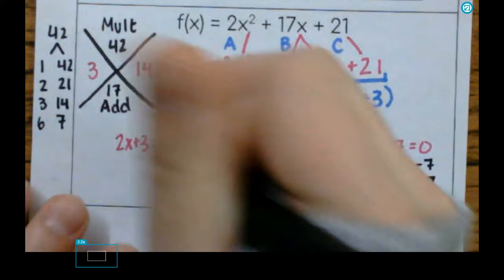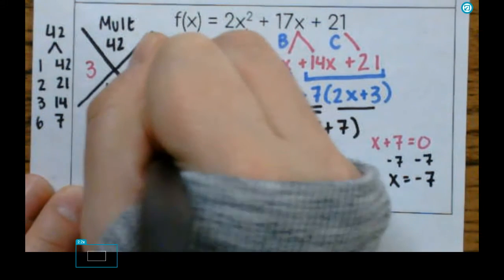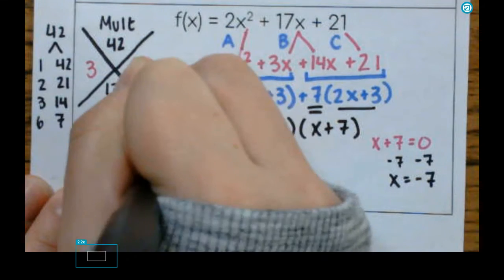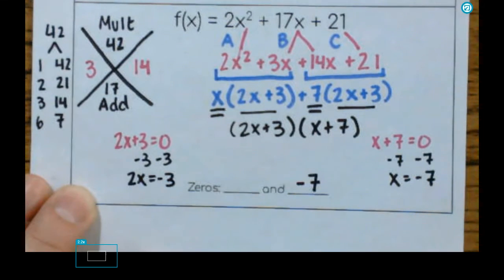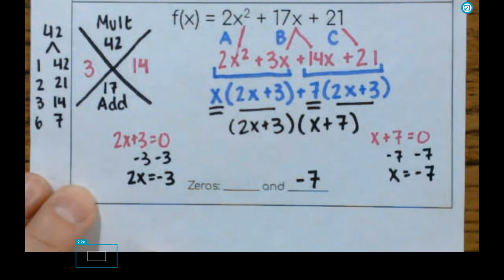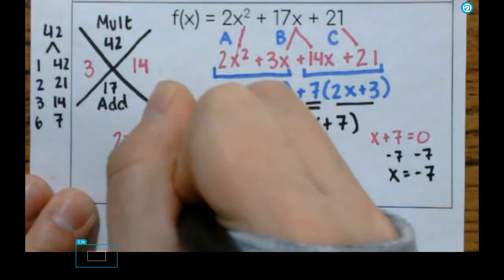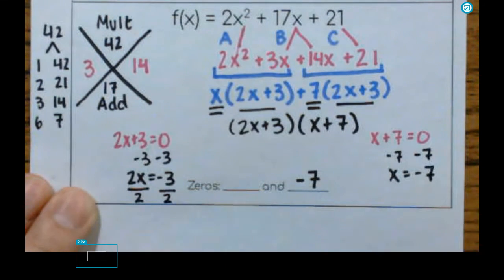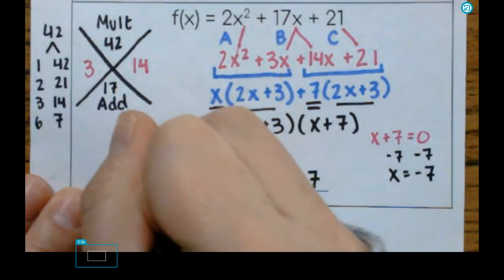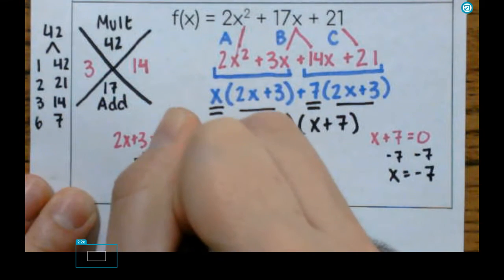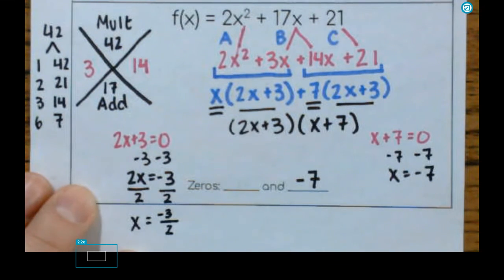We're going to subtract 3 from both sides, and we'll get 2x equals negative 3. And then we're going to divide both sides by 2. And we're going to get x equals negative 3 halves. And we are going to leave that as an improper fraction.